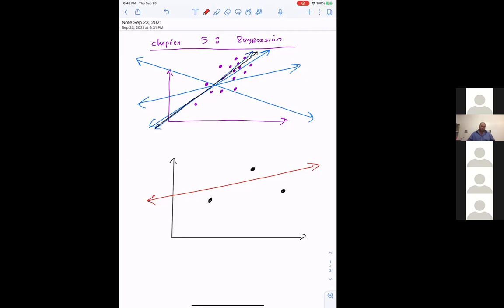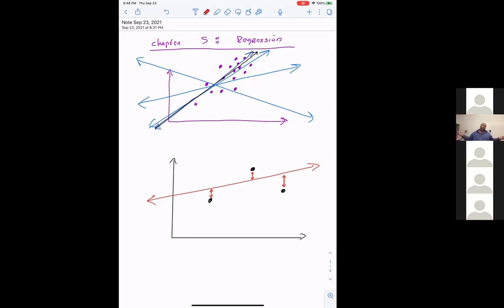Here's one thing you should do. We're going to calculate the vertical distance between each point and the line.